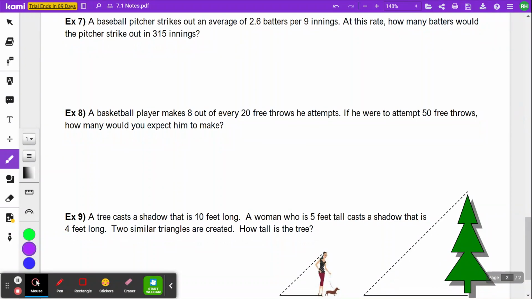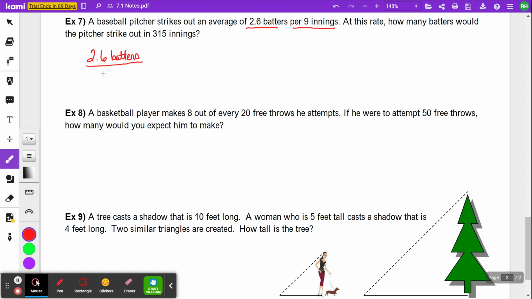Okay, so 7, 8, and 9 are actually going back to our proportions where we're setting up those amounts and solving for x like we did at the top of the page. The important part here, just like we talked about earlier, is the order that you put them in. So let me explain. A baseball pitcher strikes out at an average of 2.6 batters per 9 innings. Okay, so that's the way it's given to me. That's the way I'm going to write it. 2.6 batters. I'm just going to put batters here.